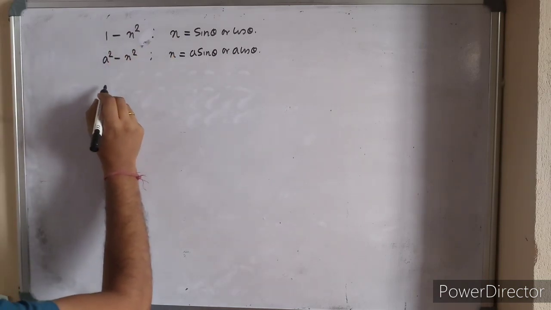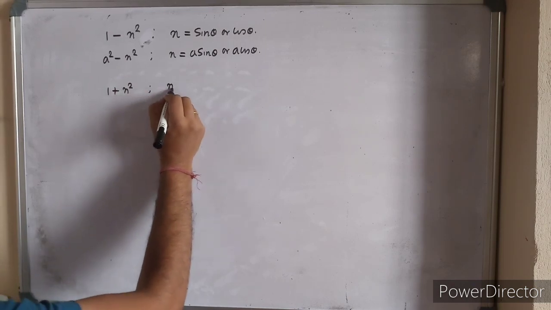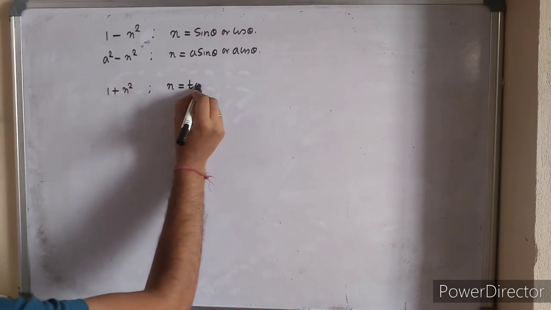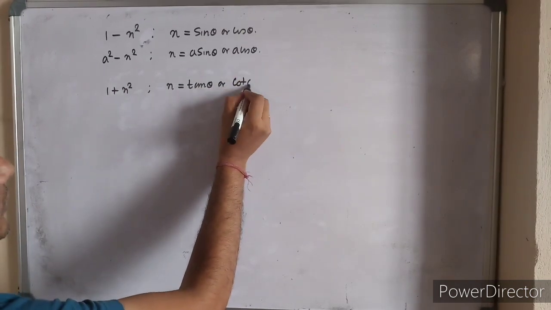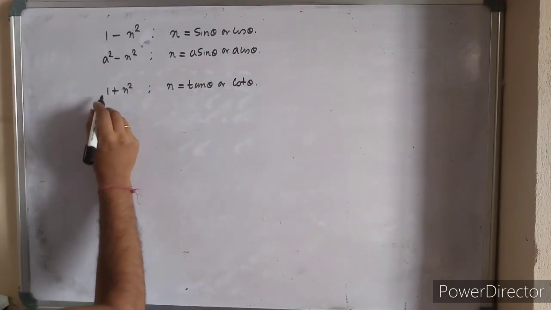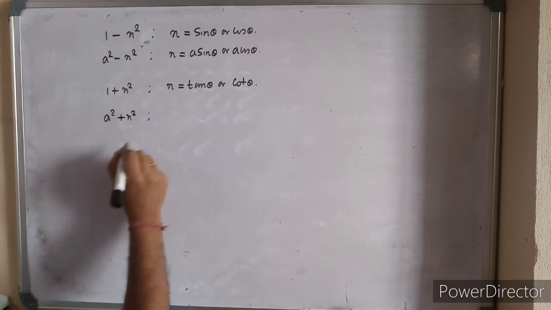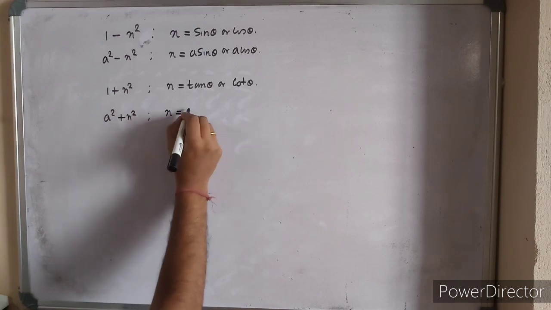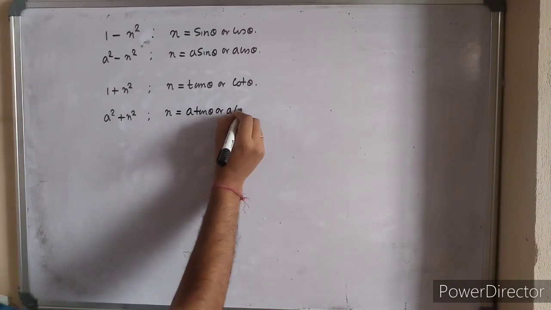Now, if it is in the case of 1 plus x square, then you have to substitute x equals tan theta or cot theta. You may get the question in this form, a square plus x square. Then x equals a tan theta or a cot theta.